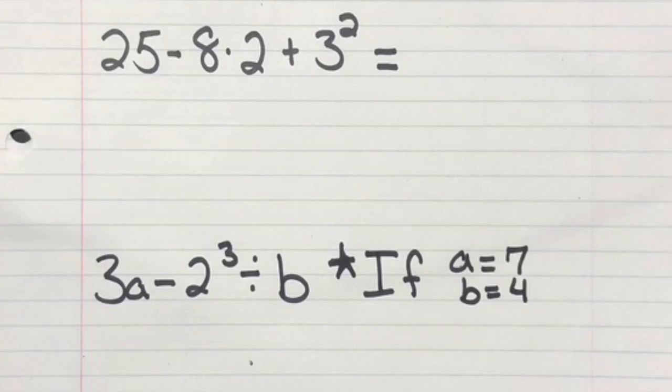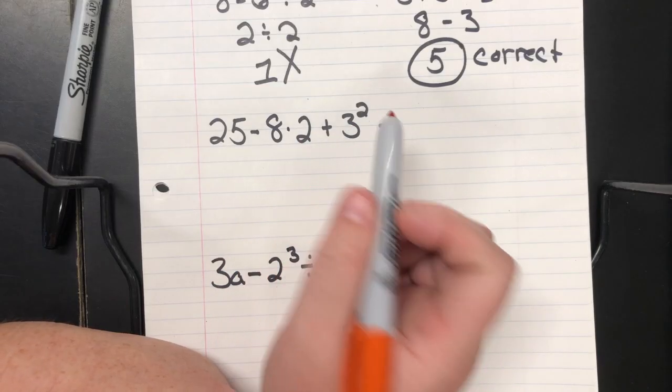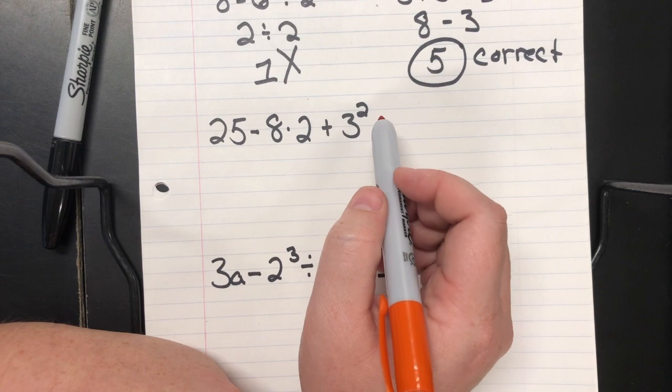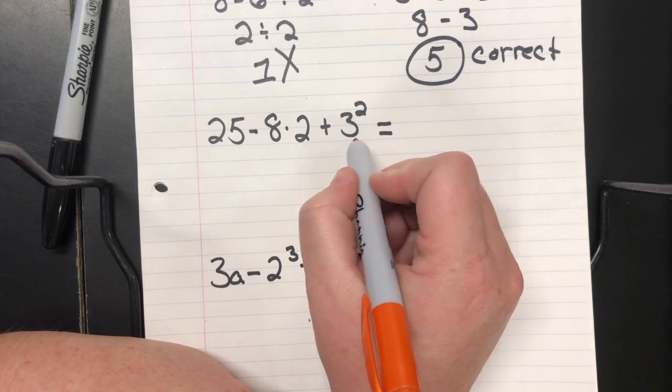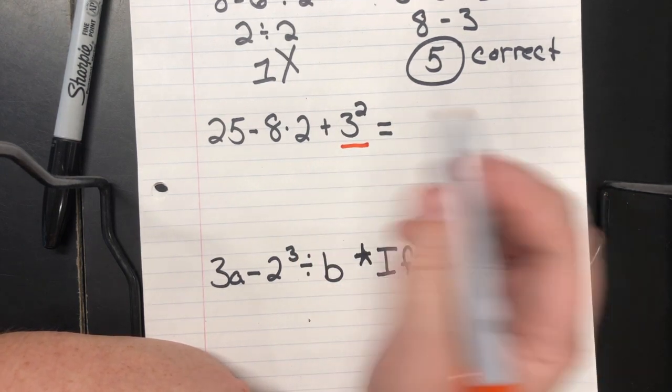So now, I'm going to give you 2 problems. I want you to pause the video and try them on your own. So let's try the first one here. 25 minus 8 times 2 plus 3 to the second, 3 squared. So if I'm following PEMDAS rules, this has to be done first.